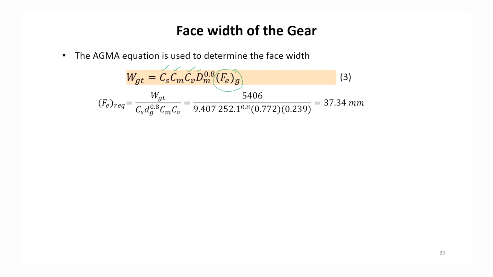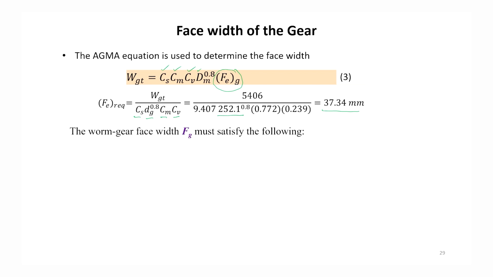So face width of the gear after substituting the value of WGT and the factors, these all, and the pitch circle diameter of the gear equal to 252.1, we obtained 37.34 mm as the face width required for the gear.